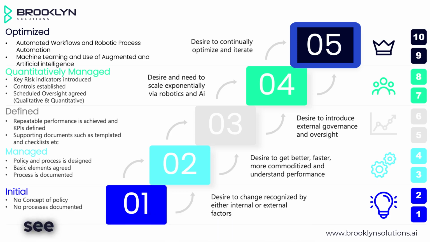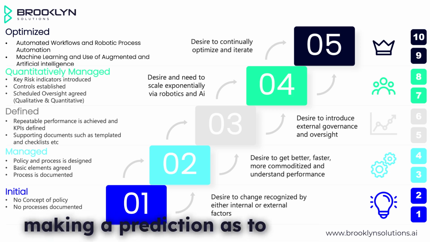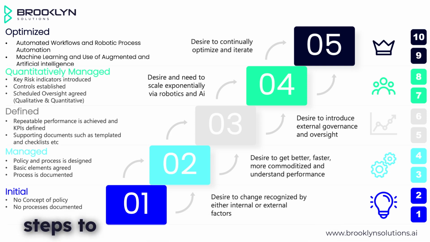You see what's happened in the past and apply that to things that could happen in the future, based on different contexts and different third parties. Essentially, learning from what's gone before, making a prediction as to where that could happen, and taking steps to act.